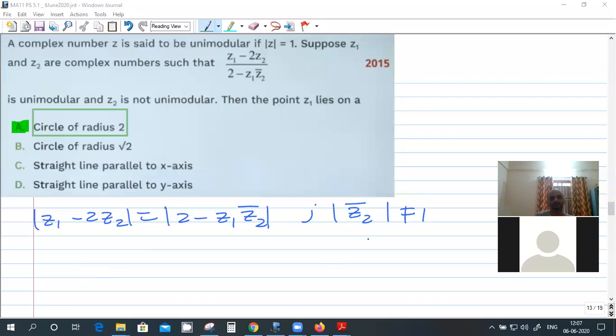Okay, mod of z2 is this thing. Suppose I take z1 as r1.